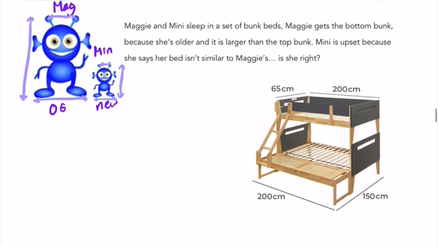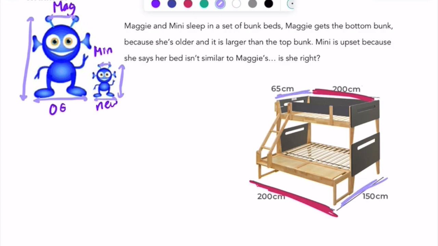Now, when we take a look at the beds, we have two measurements. We have how long the bed is, and we have how wide the bed is. So I'm going to find the scale factor of both the length of the bed and the width of the bed. I'm going to label them just so that we're super clear.